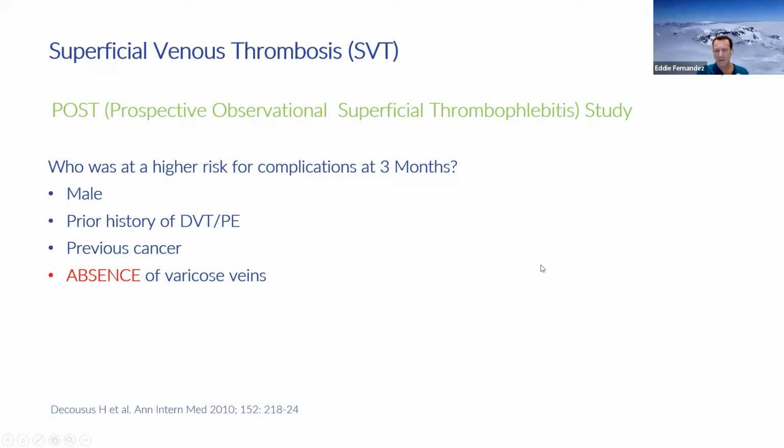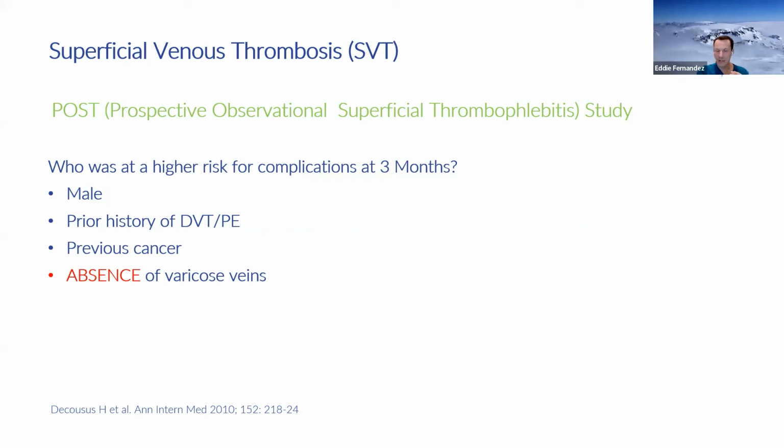And then the absence of varicose veins, which we had mentioned was one of the main risk factors. When I look at this data and I see prior DVT, PE, previous cancer, and male, I'm thinking that there might be other issues happening here. With varicose veins, we know what the problem is: it's chronic venous insufficiency.